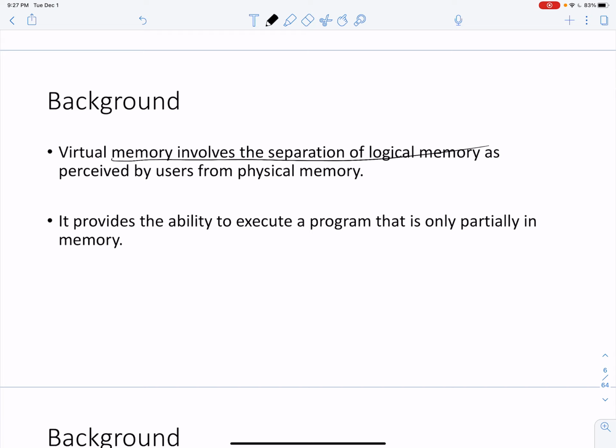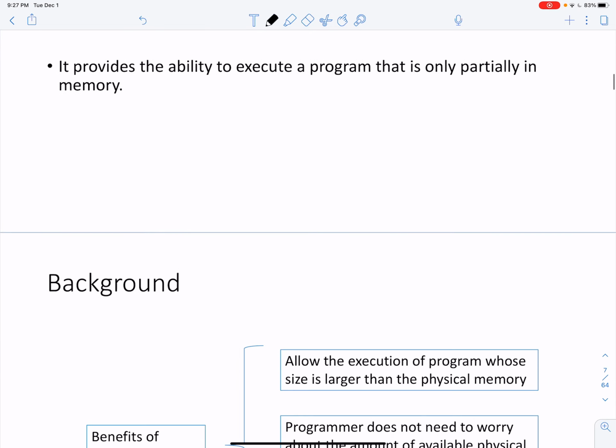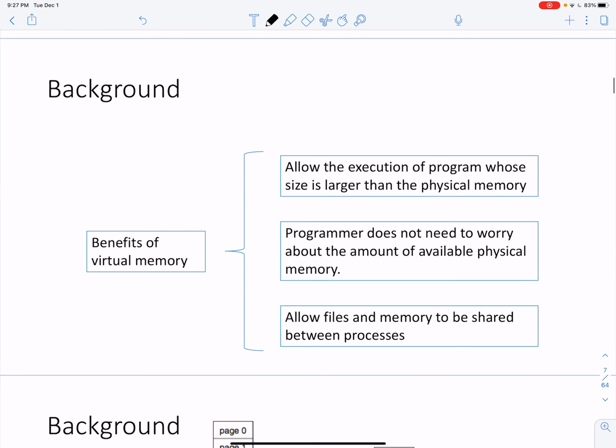So virtual memory involves the separation of logical memory as perceived by users from physical memory. It provides a separation, or abstraction, of the physical memory, and also the ability to execute a program that is only partially in the physical memory.